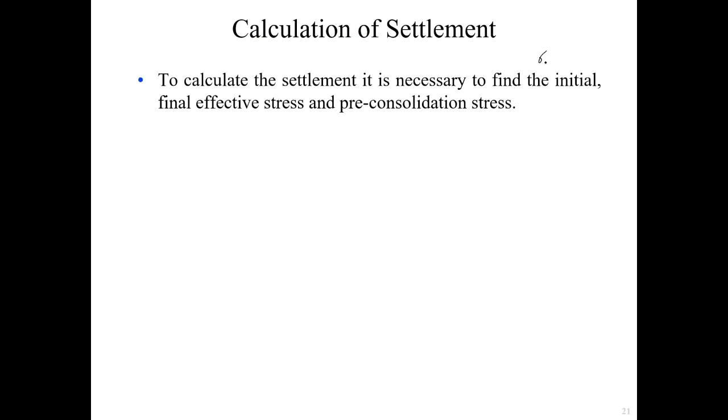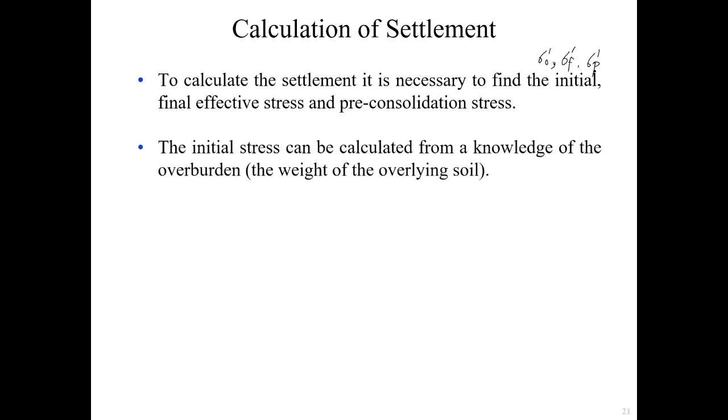So we need to know sigma O prime or sigma 1 prime, sigma F prime, that will be the final vertical effective stress, and sigma P prime, that will be the pre-consolidation stress. We need to do the calculation for those three points, and we know which one is greater, or their relative position. And then the initial stress can be calculated from the weight of the overlying soil, or the self-weight of the soil.